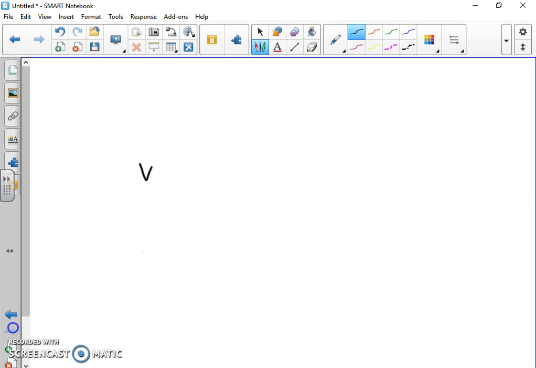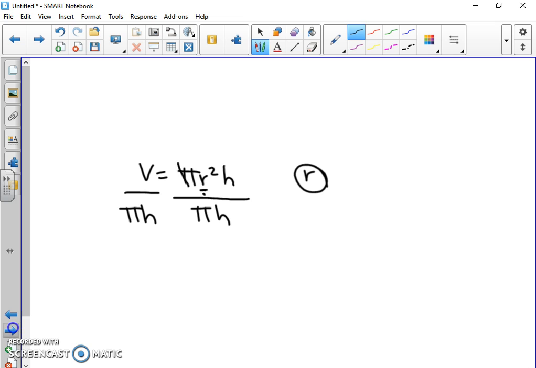Let's try another one. V equals pi r squared H. Let's solve for r. All multiplication, r is right there, so we're going to divide by pi h on both sides. So this cancels, so we have v over pi h equals r squared.